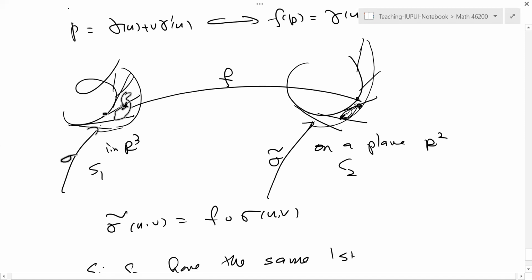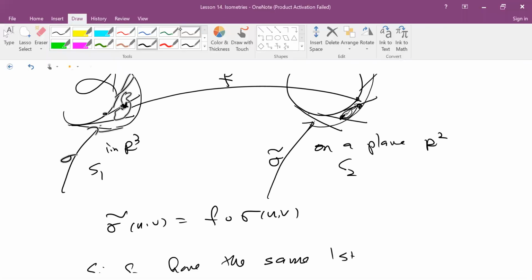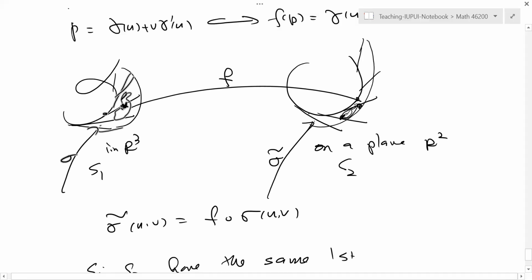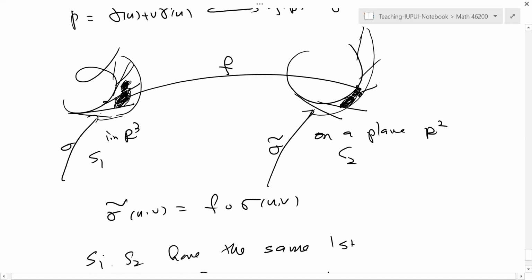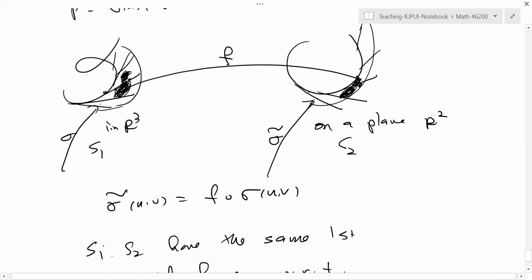It's hard to draw how the picture looks. For example, if we have something here, you will get something here. But when it's completely flat, this is a curve in space, but you can find the map. It's called an isometry.